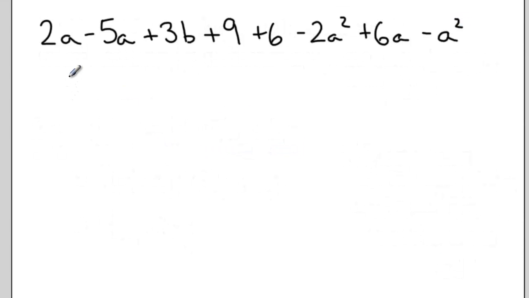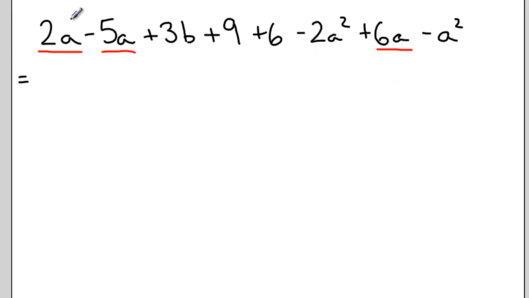Let's try an example with a few more terms. You can see my polynomial expression in front of you. 8 terms. I'm going to start by identifying all my like terms. I see a term with a 2a, a 5a, and then further down the list, 6a.